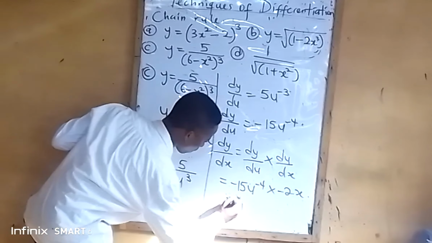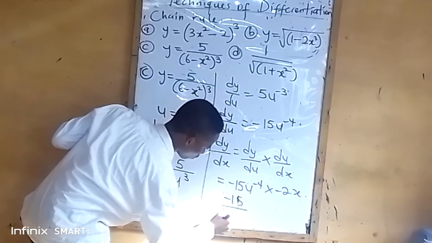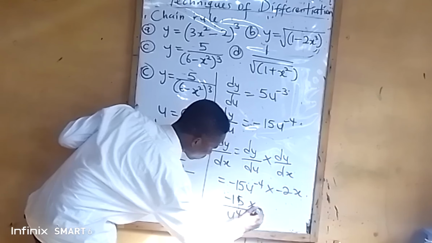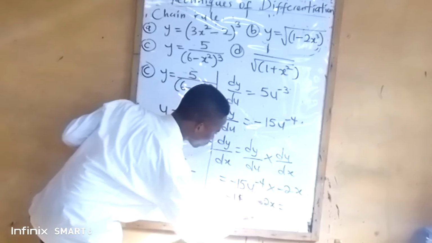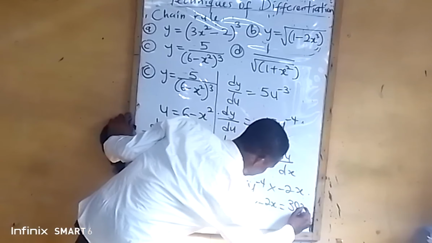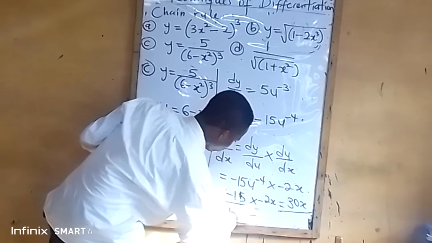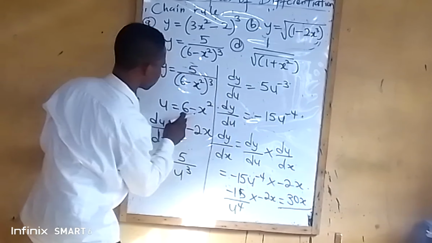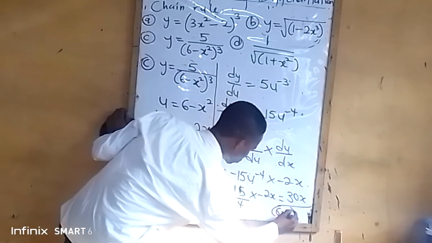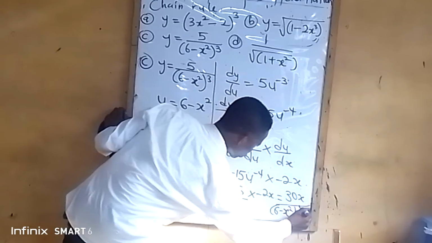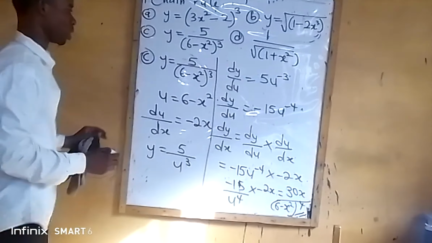That'll be minus 15 all over u raised to power 4, multiplied by minus 2x. So your answer is minus and minus, plus. 15 times 2x, that is 30x, all over, what is u? We substitute for u. 6 minus x raised to power 2, close bracket, all raised to power 4. So that's the answer for that.